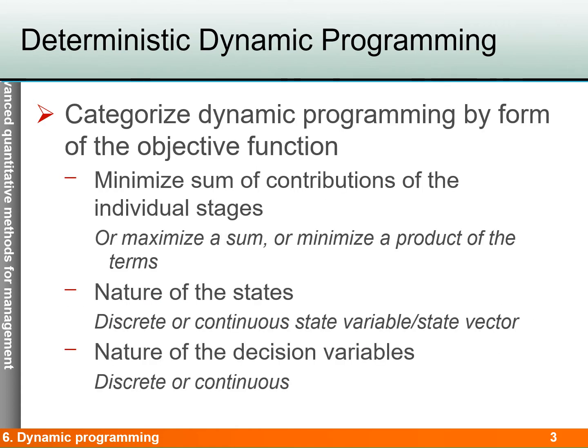To categorize dynamic programming, there are different ways to separate and classify them. The first could be based on the objective function of these examples. For example, the objective might be to minimize the sum of contributions of the individual stages, or maximize the sum, or minimize the product of the terms, whatever.